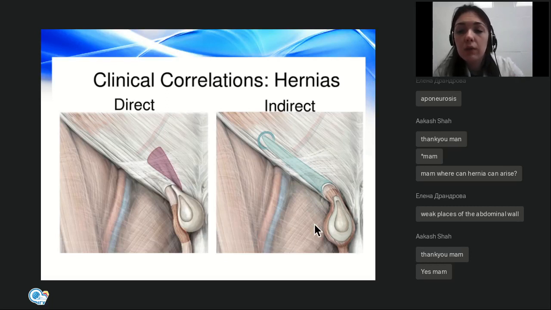We'll study it in detail in topographic anatomy and also when we reach the reproductive system in the next semester.